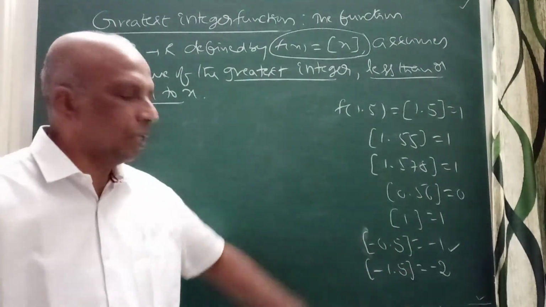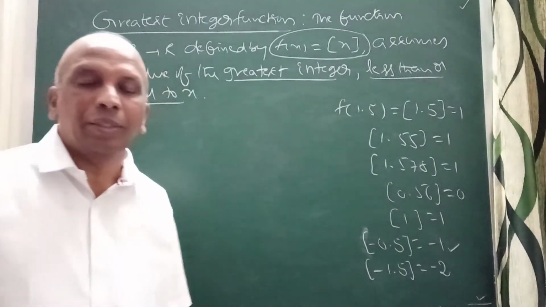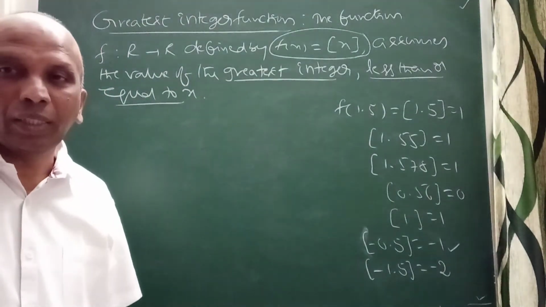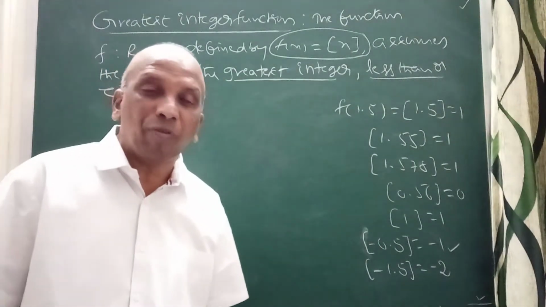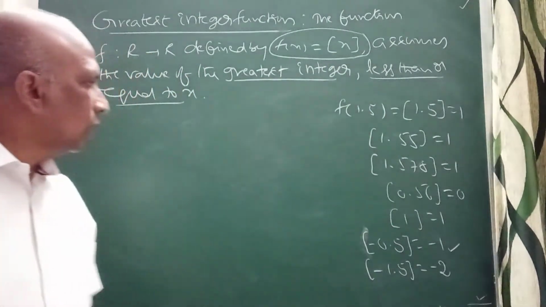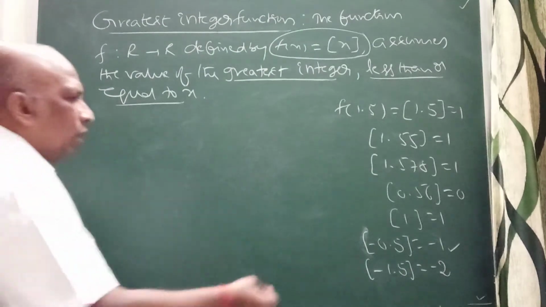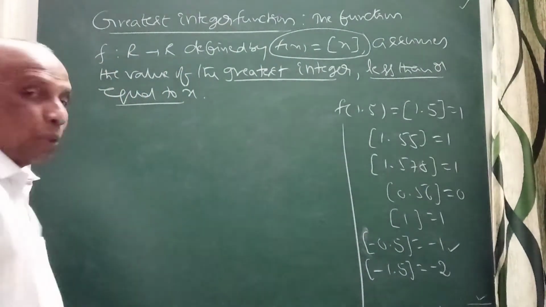There is a meaning to that. We are comparing the value, and it should always be less than that number: floor of x is less than or equal to x. So you will get it like this. We can draw the graph of this also.